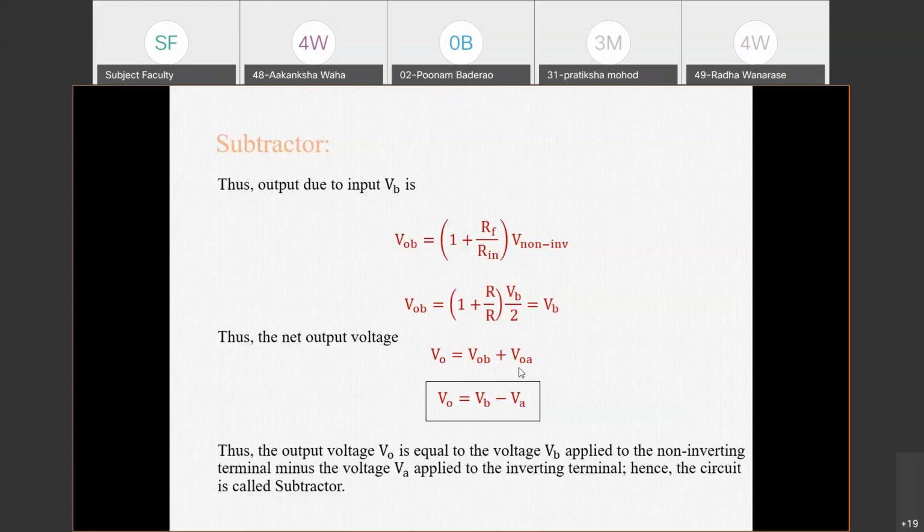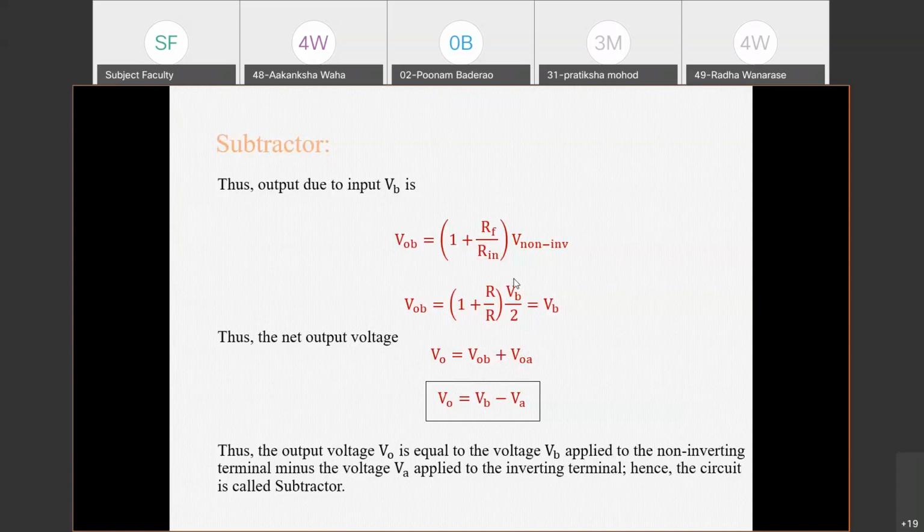So now, in order to find the net output voltage, you need to add these two components, VOA and VOB. This we have done by the application of the superposition theorem. So we just put the value: VOB is nothing but VB. I have put the value of VOB equal to VB.